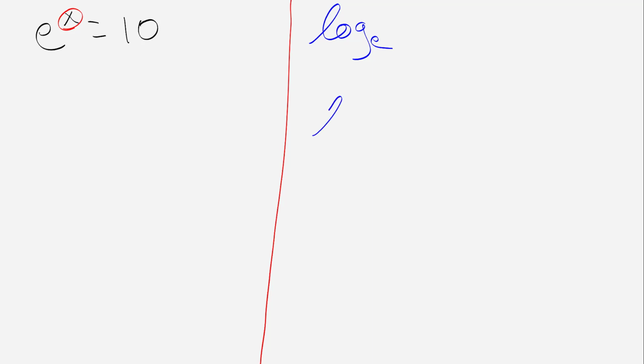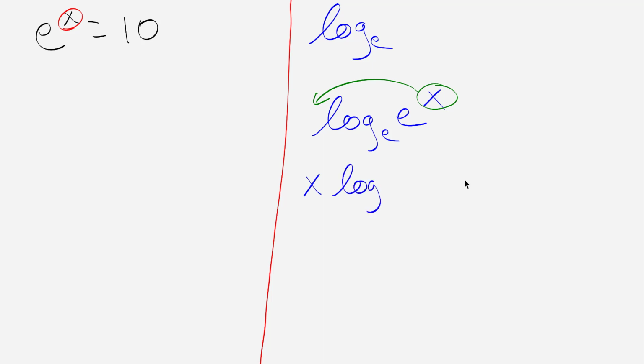So if we take, for example, log to the base e of e to the power of x. Remembering our log rules, what is this going to be worth? So what I can do is use my log rules. I can bring this power down in front. So I can rewrite this as x times log to the base e of e.